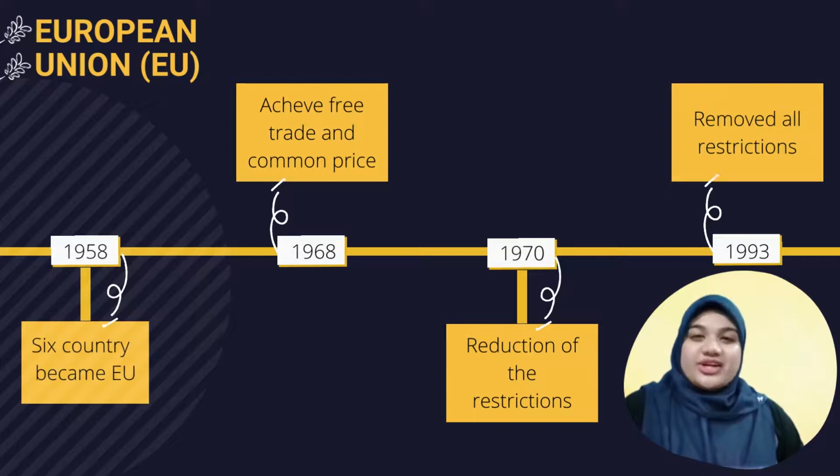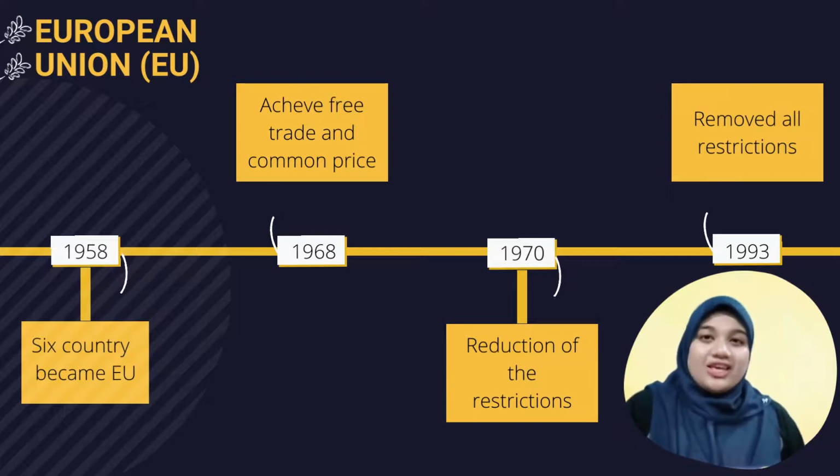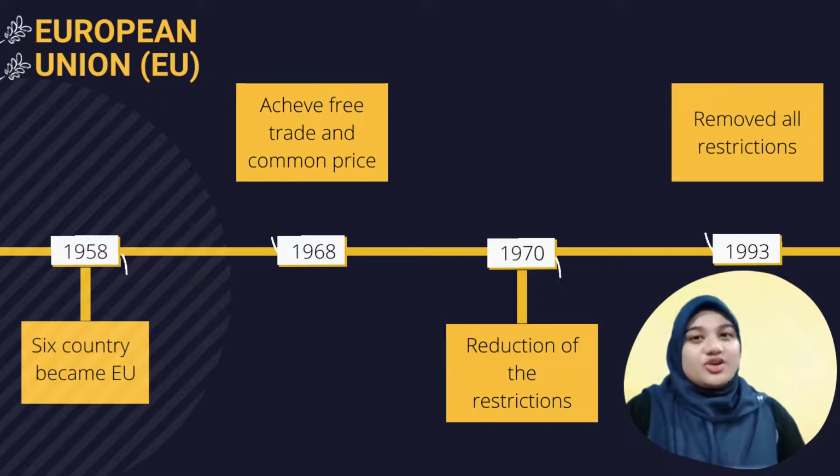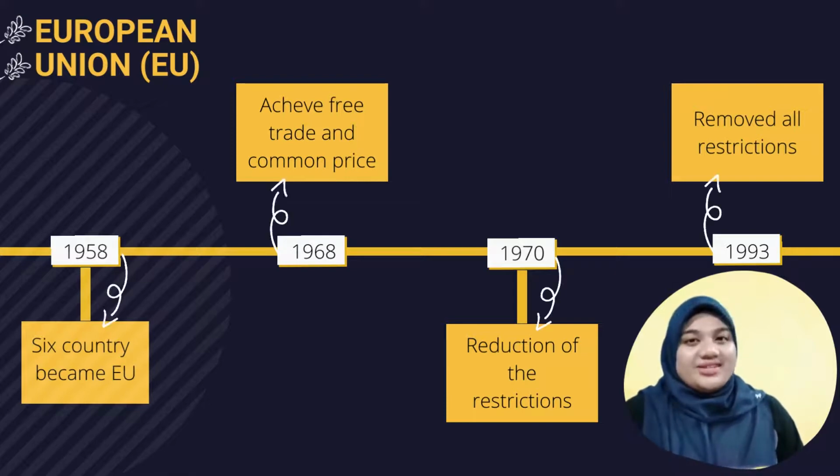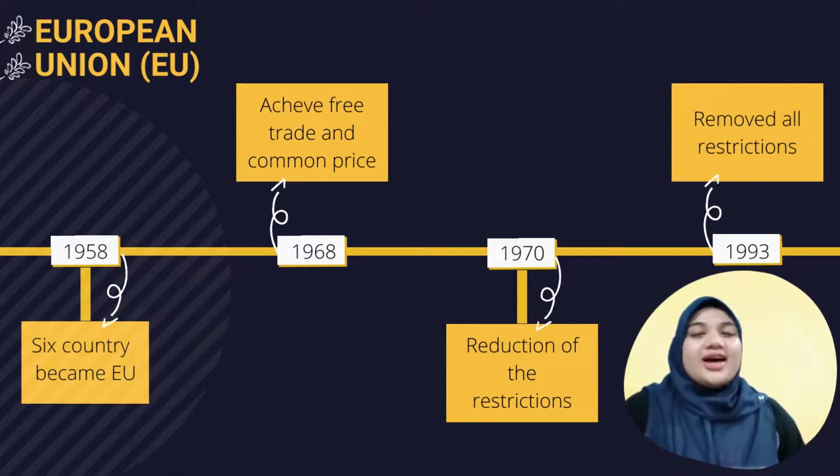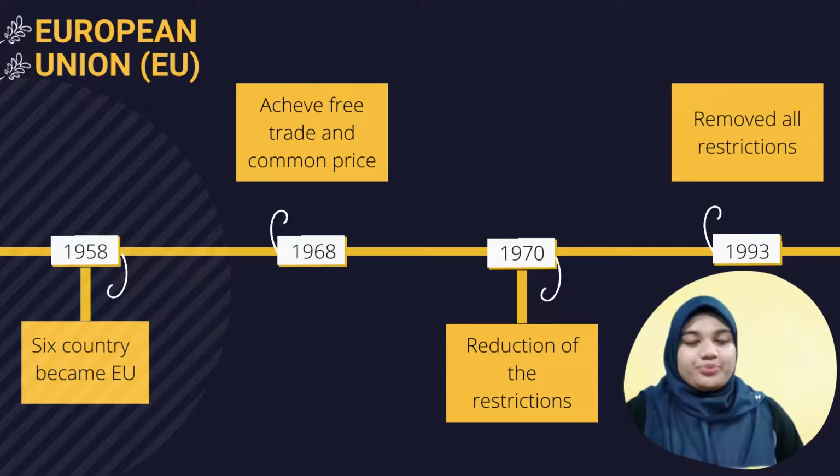The common external tariff was set at the average of the 1957 tariffs of the Six Nations, and free trade in industrial goods within the EU and a common price for agricultural products were achieved in 1968. Meanwhile, the restrictions on the free movement of labor and capital were reduced by 1970.